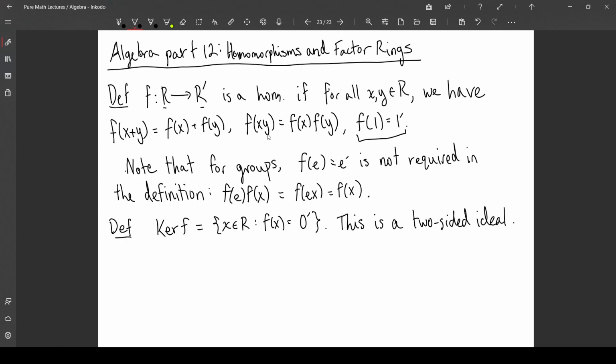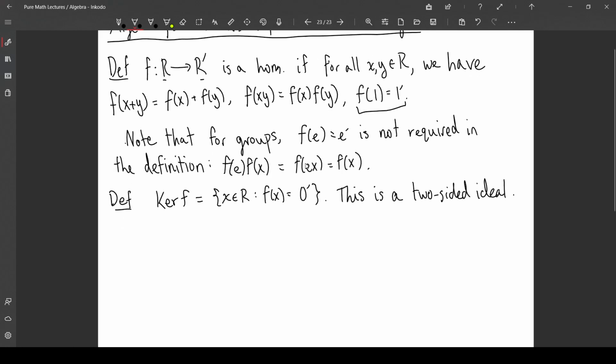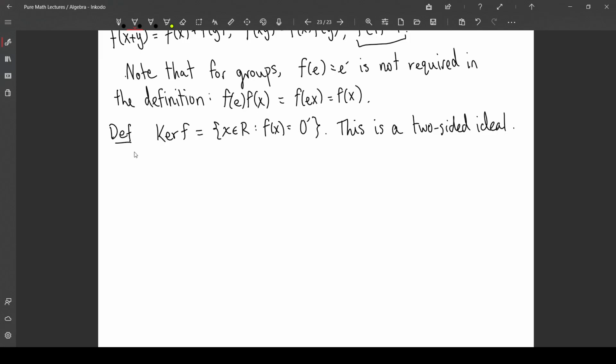And then the multiplicative property, since one of these terms is going to be 0, that means the product is 0. That means xy is in the kernel. As long as one of x or y is in the kernel, xy is in the kernel. And that shows it's two-sided. This is going to be important. I don't think I'll have time for it this video, but in the next video I'll show that with two-sided ideals we can look at quotient rings, factor rings, as I wrote in the title.